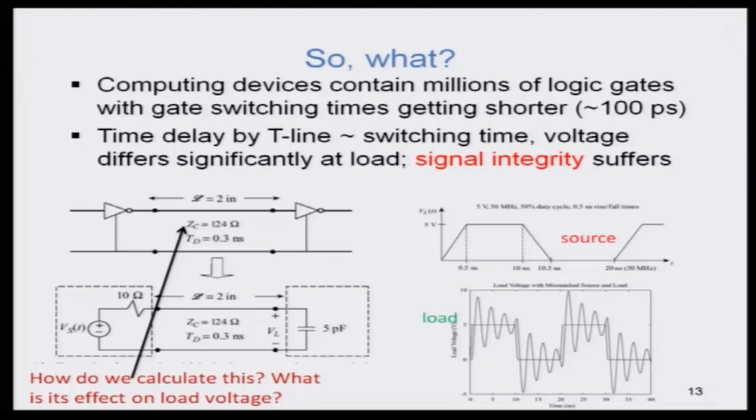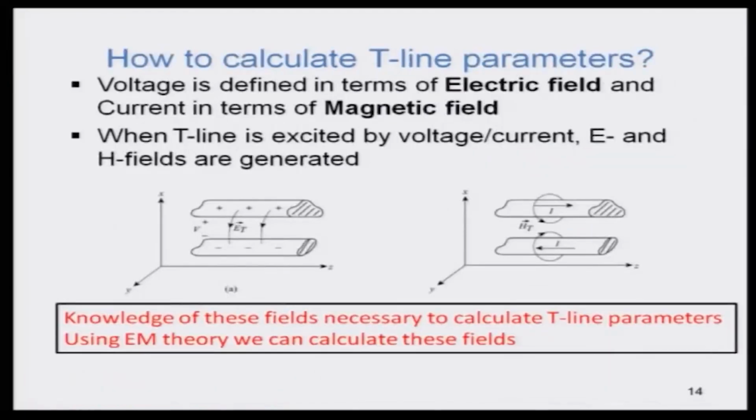Again we have to go back to electromagnetic theory to understand where these parameters come from. For example, to calculate the characteristic impedance, remember the impedance definition is voltage divided by current. However, we have just seen that voltages and currents are not just numbers, they depend on where you are measuring them.